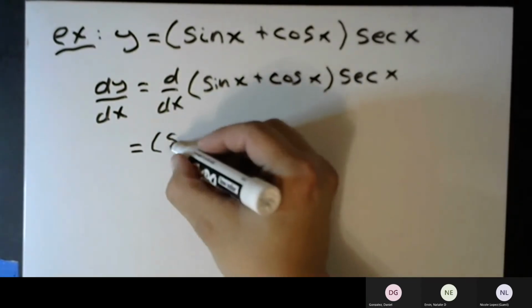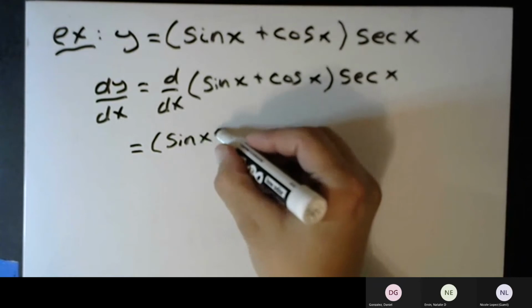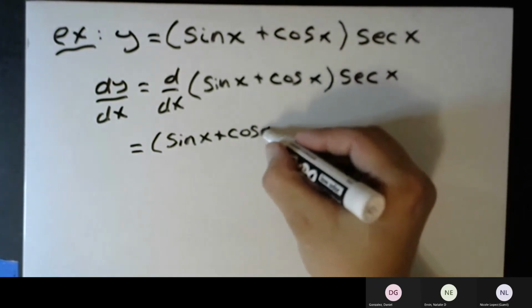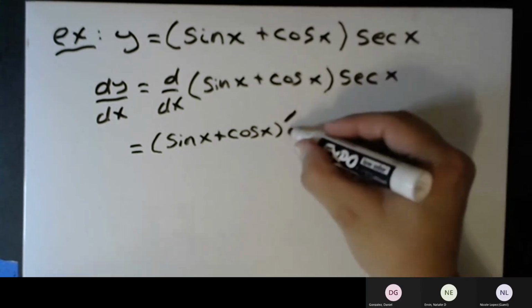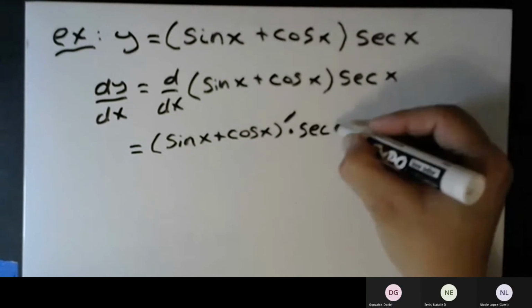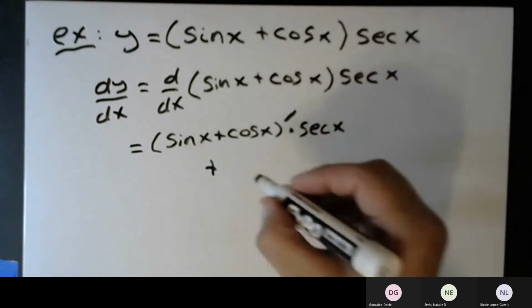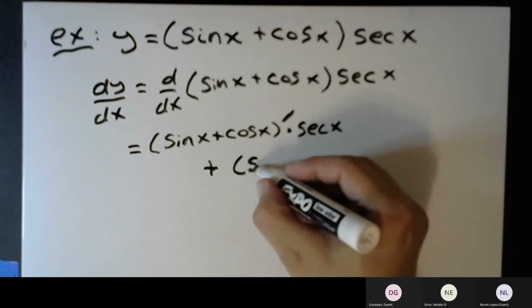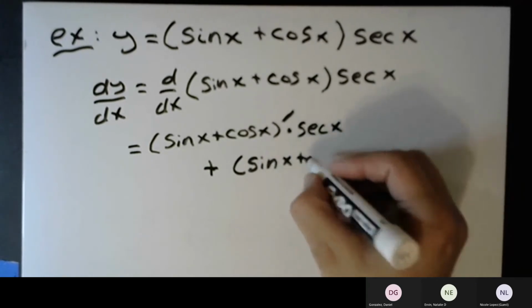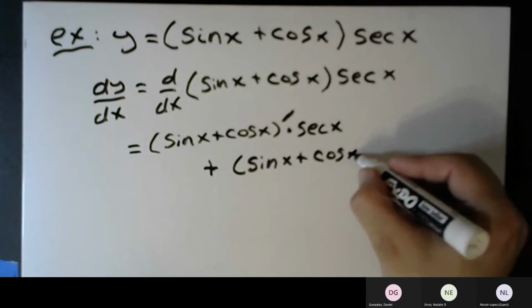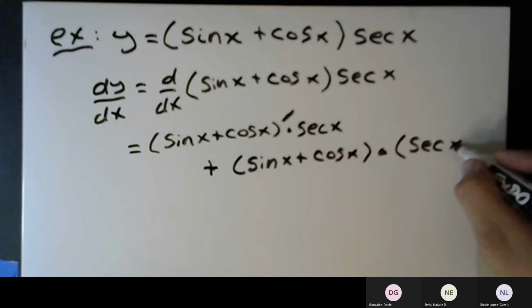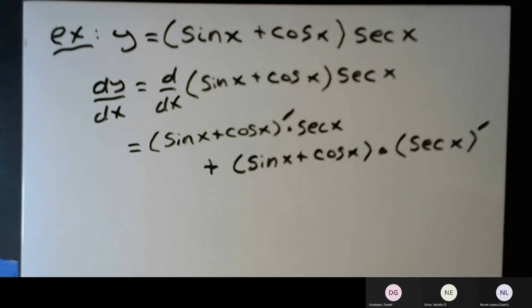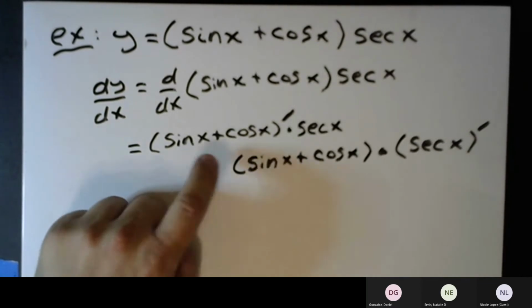So this means, I'm going to use that convenient notation. I'll take the derivative of the first function times the second function, plus the first function times the derivative of the second function.